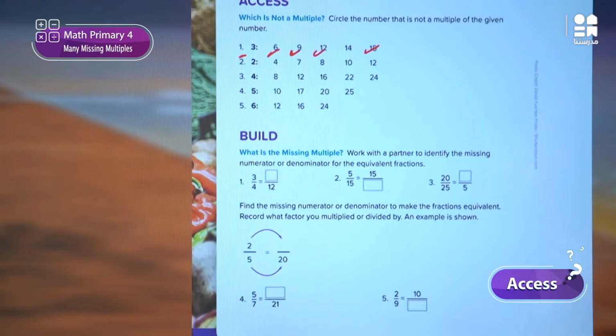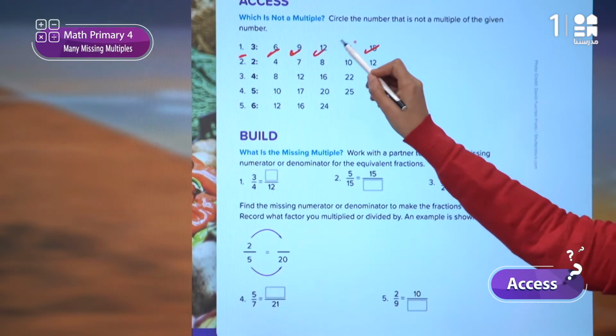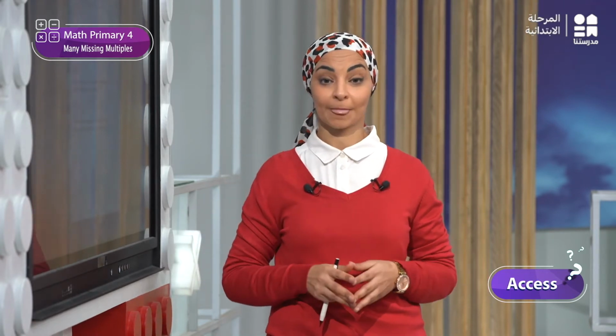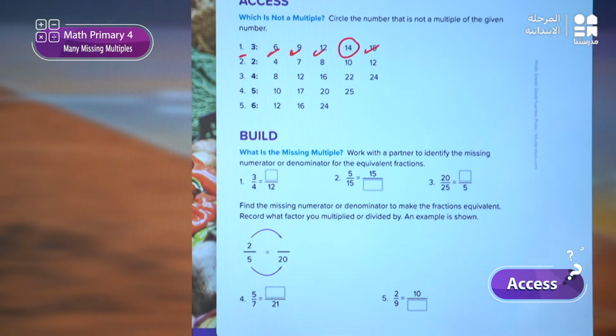دلوقتي أنا متأكدة إن أنتوا كلكم لاحظتوا إن ال 14 is not multiple of 3. طب ليه 14 not multiple of 3؟ عشان ما فيش أي number times 3 هيديني 14. And that's why I circle number 14.